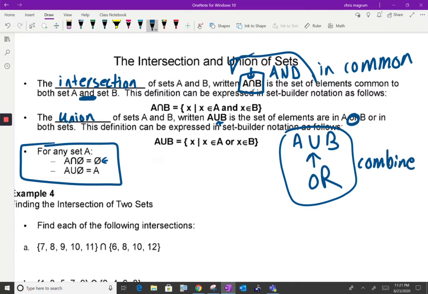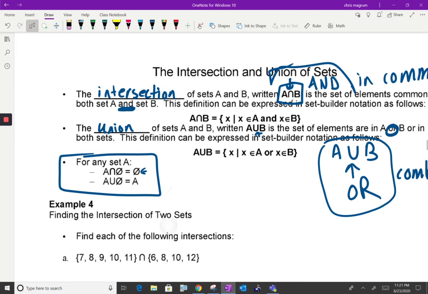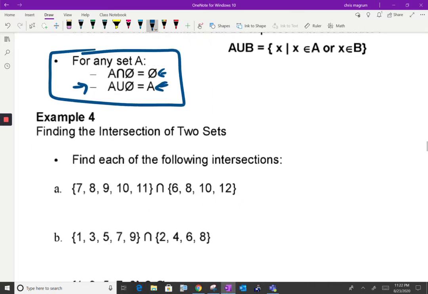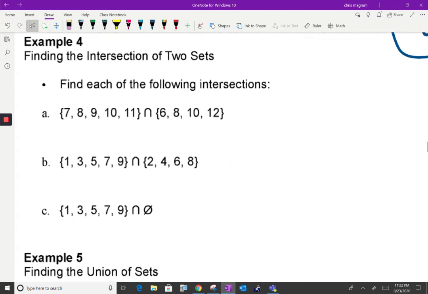So finishing this thought here, maybe. If we have A or the empty set, so if you take whatever's in A and you combine it with nothing, put those two things together, what do you have? Whatever was in A, which is why it's A there. Alright, finding the intersection of two sets. We want to find the following intersections.